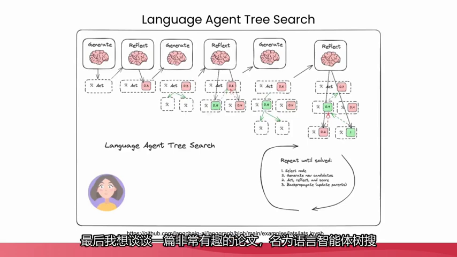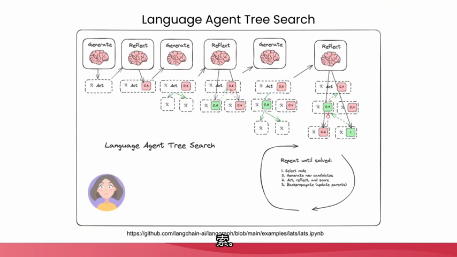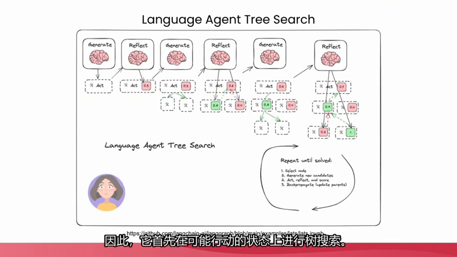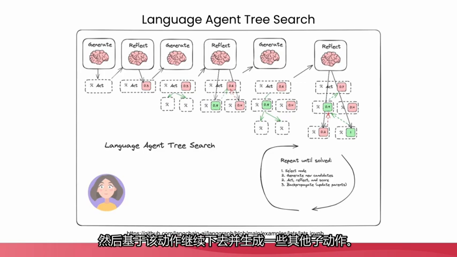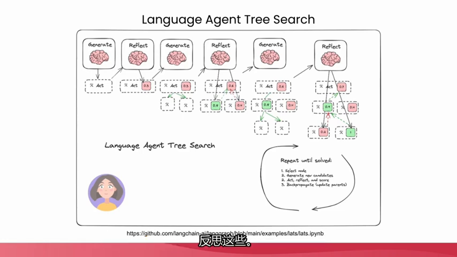The final one I want to touch on is a really interesting paper called Language Agent Tree Search. So this basically does a tree search over the state of possible actions. And so it first generates an action, it then reflects, it then goes down based on that action and generates some other sub-actions, reflects on that.